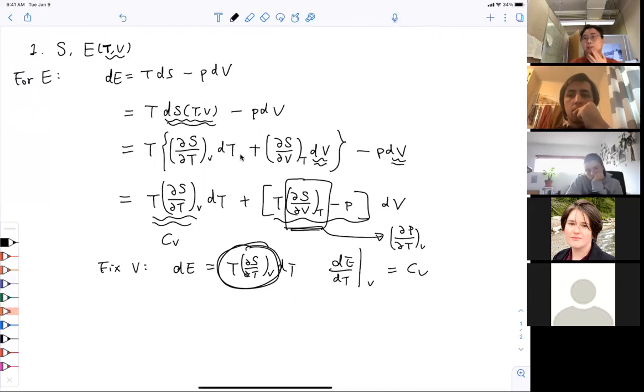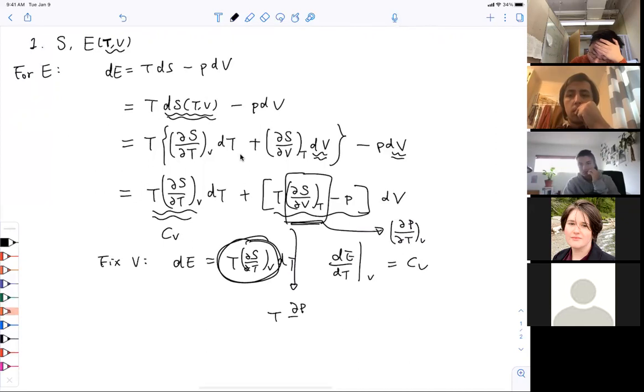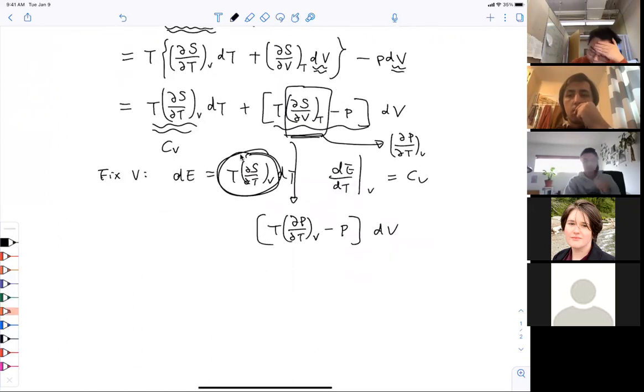So this guy is T partial P partial T minus P. So once we specify the state equation, we can calculate this expression.